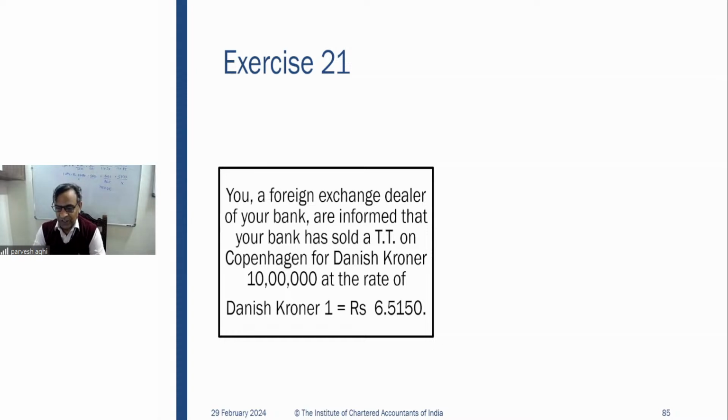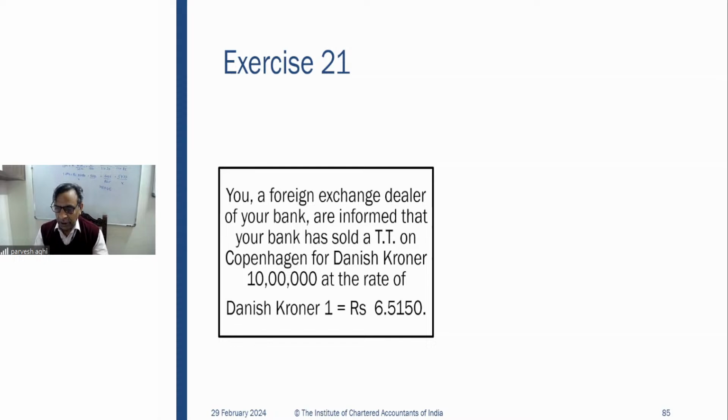So the question says that you are a foreign exchange dealer at a bank, and you are informed that your bank has sold a TT on Copenhagen for 10 lakhs Danish kroner. The rate was 6.5150, so on that day the Danish kroner was 6.51.